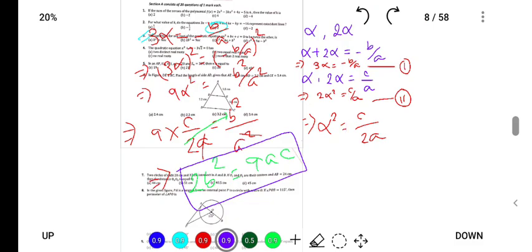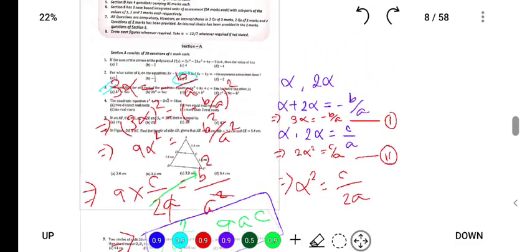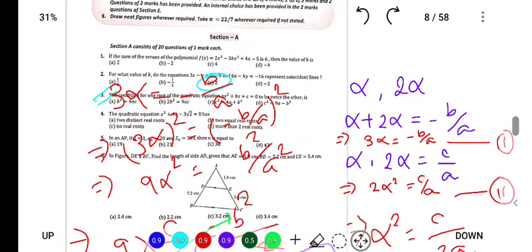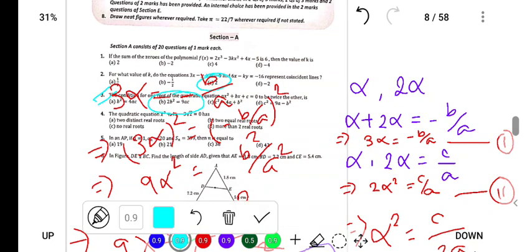Correct? This is the option: 2b square is equal to 9ac. That means option number B, 2b square is equal to 9ac.